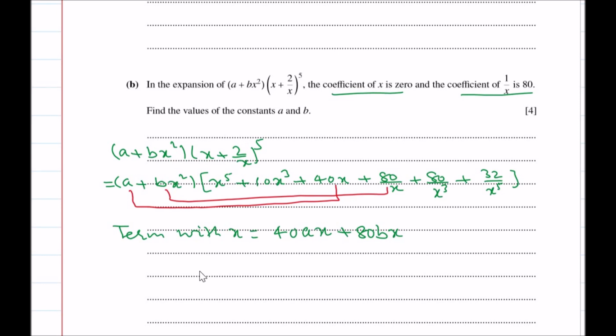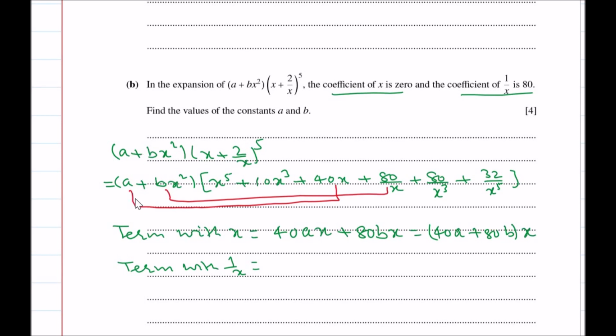Now we'll find the term with 1 by x. This can be written as 40a plus 80b times x. x is common. For the term with 1 by x, we have to see how to multiply.